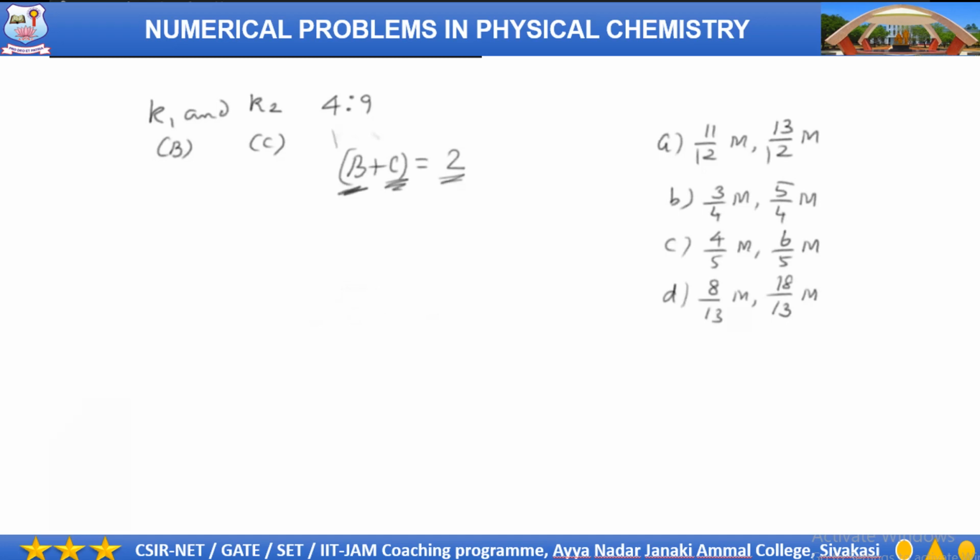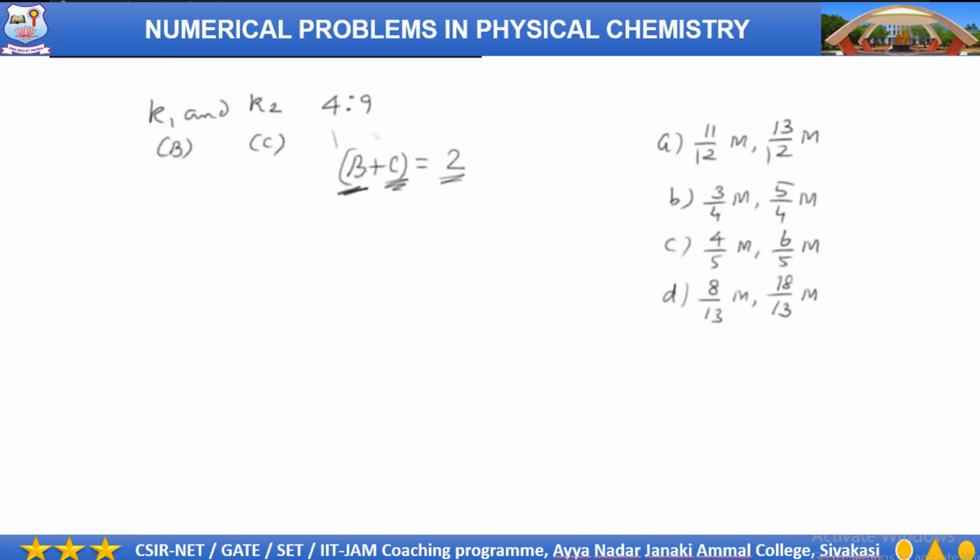Therefore, which concentration should be always higher? Here stoichiometry is not given, therefore taking it as 1. C should always be higher and B should be lower.